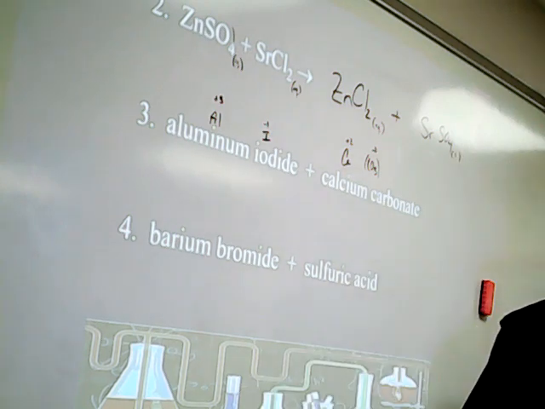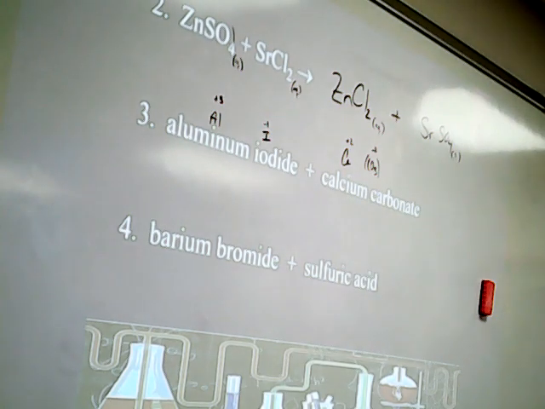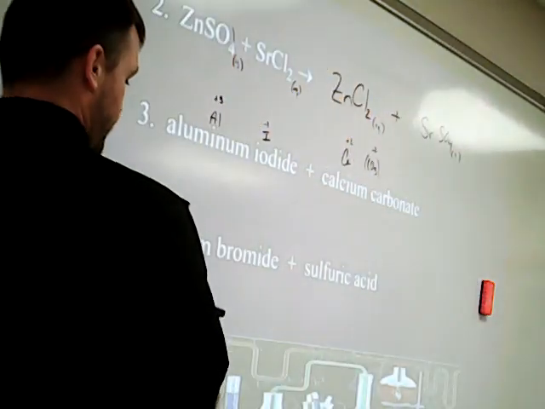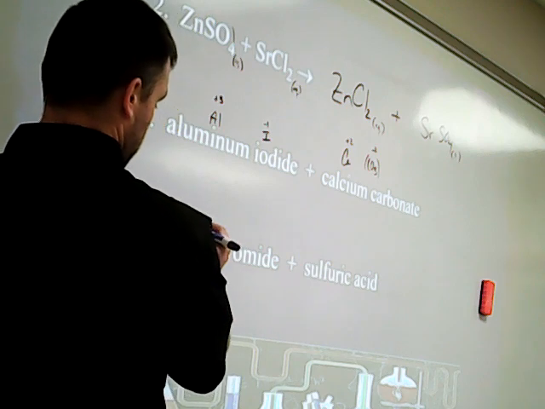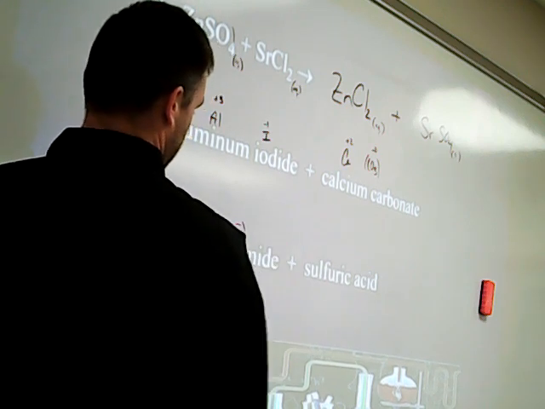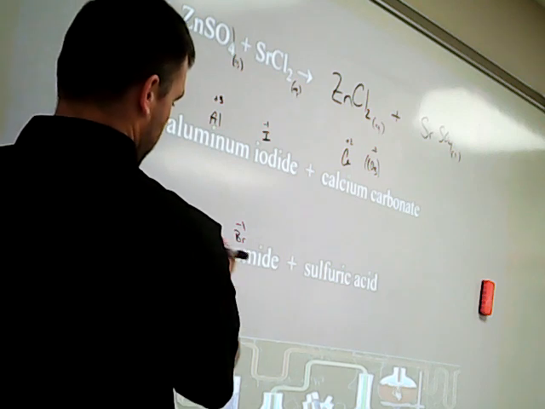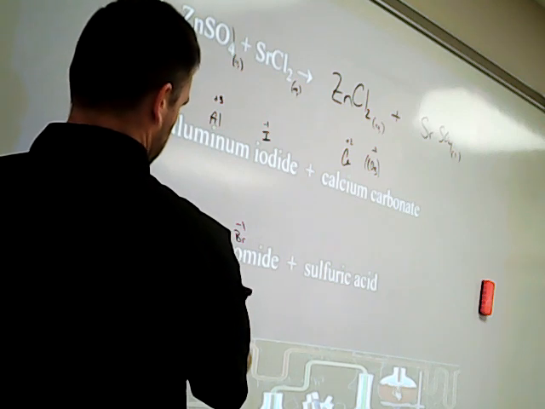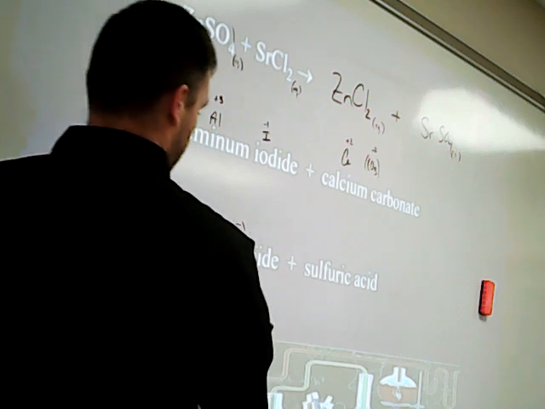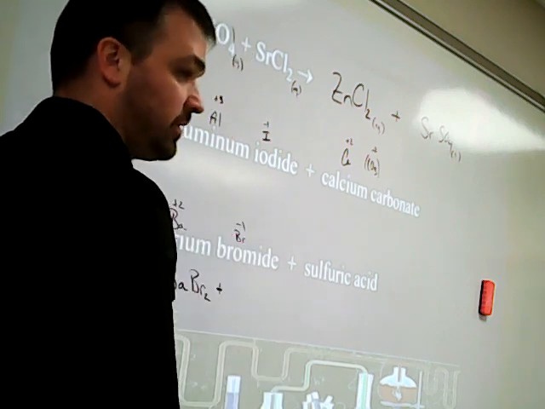For sulfuric acid, look to check barium +2, bromine -1. So when I cross those up, BaBr2. Added to sulfuric acid.